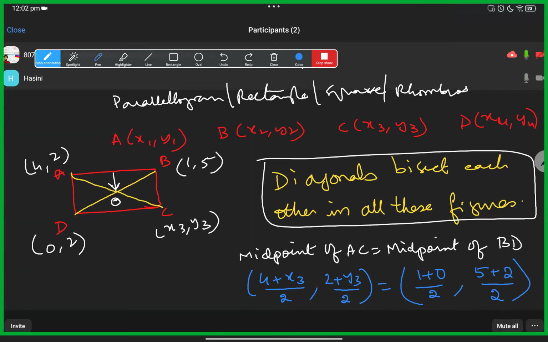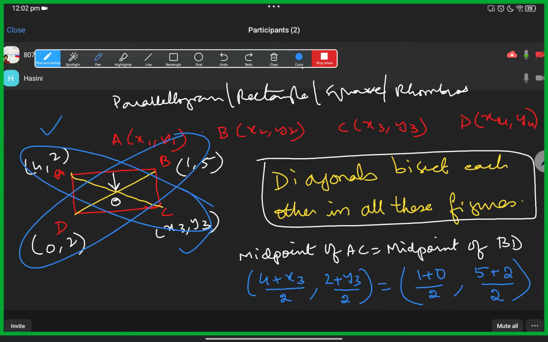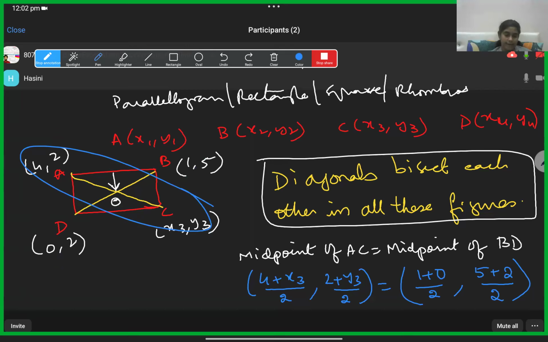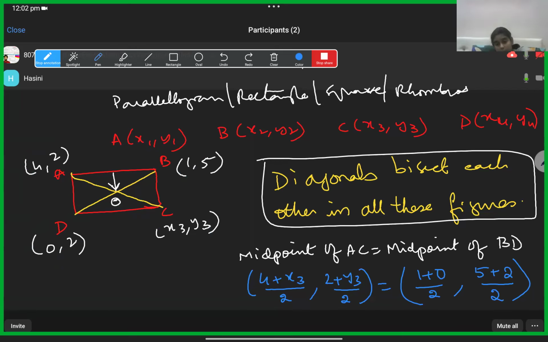Any doubt? We just applied (x1 plus x2) by 2 and (y1 plus y2) by 2 for these two separately and these two separately, and we equate. Which point to consider as x1 y1 and x2 y2 is as per our wish.